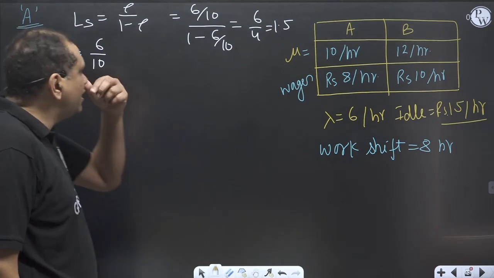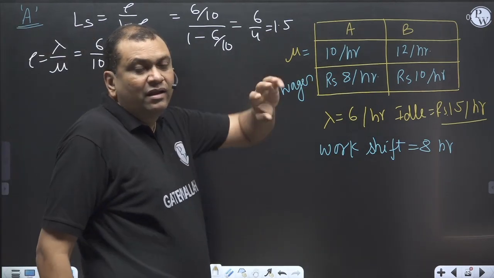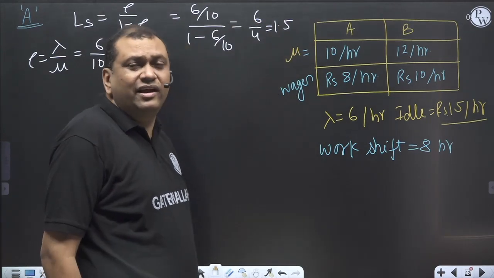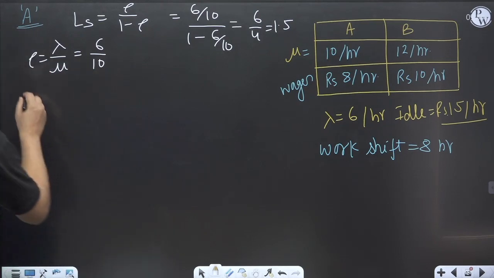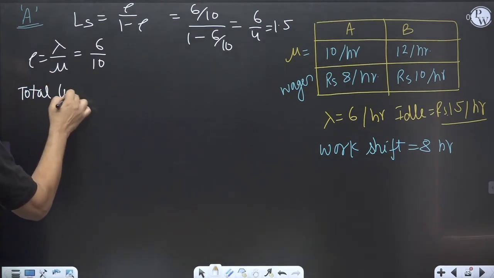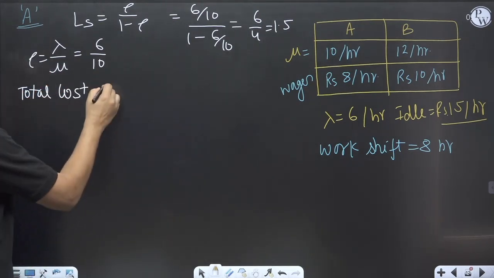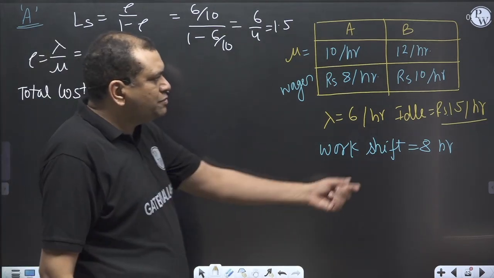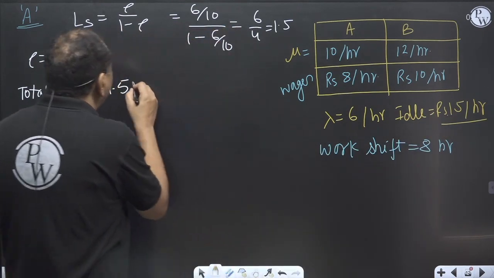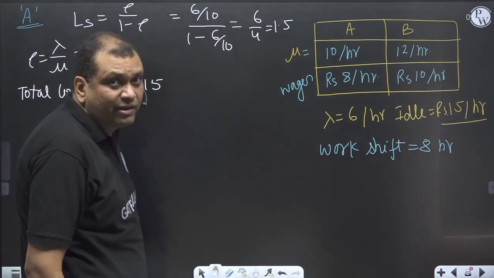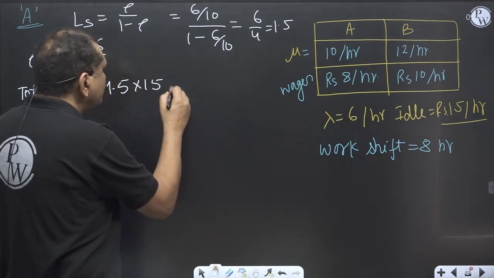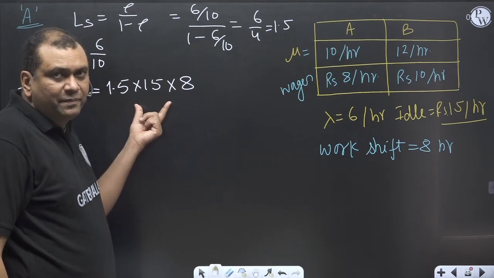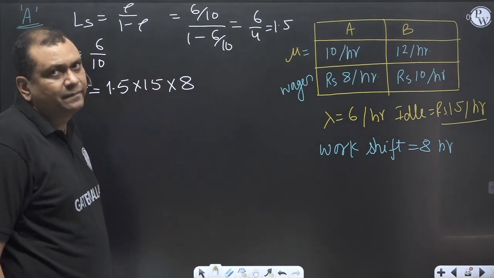So if I am hiring repairman A, approximately 1.5 machines will always be there in the breakdown state. So total cost will be 1.5 machines always under breakdown, and each machine is costing the company rupees 15 per hour, and there is an 8-hour work shift. So this much money will go from the machine side.